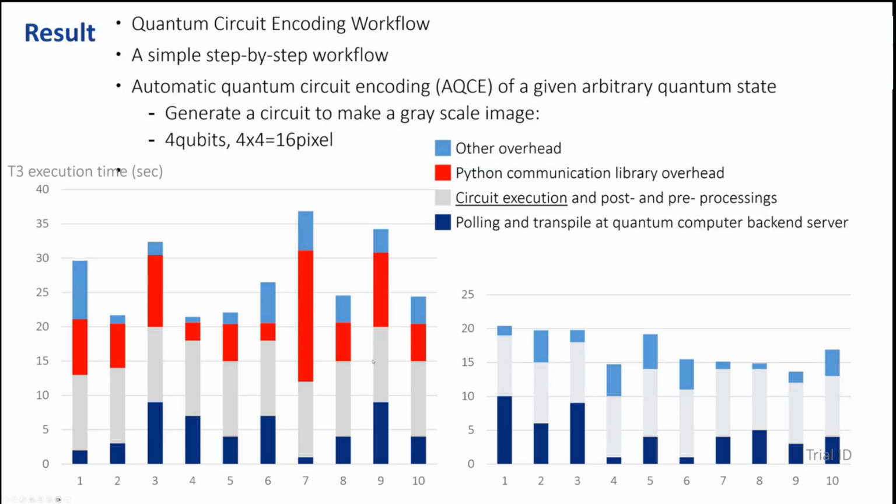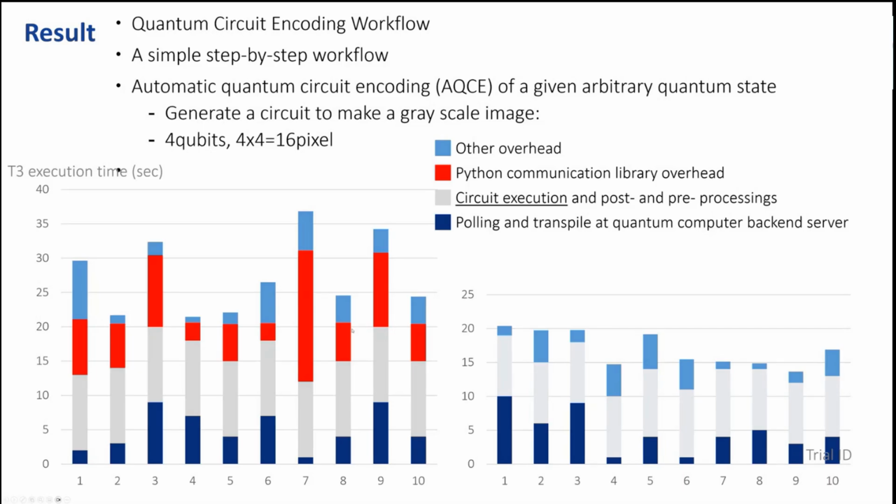The gray is circuit execution and pre- and post-processing in the control servers of the quantum computers. The red one, which only appears on the left-hand side, is the Python communication library overhead. The last one is other overhead. We cannot identify the reason for it.